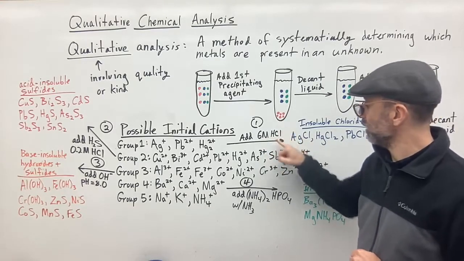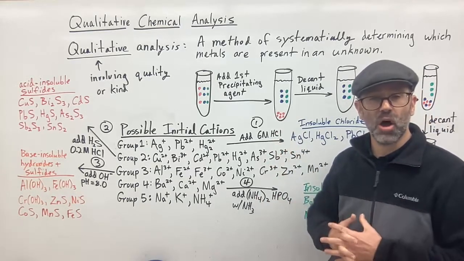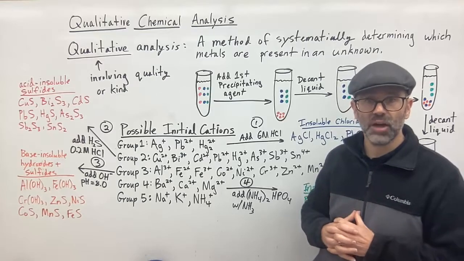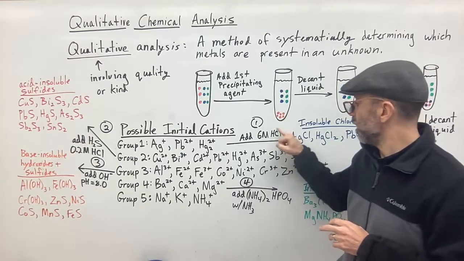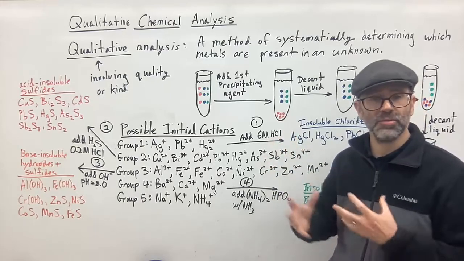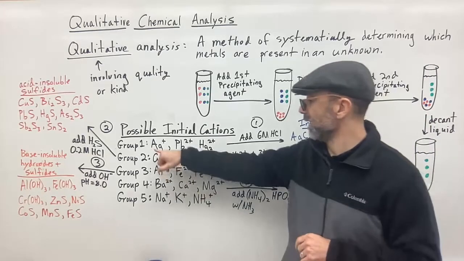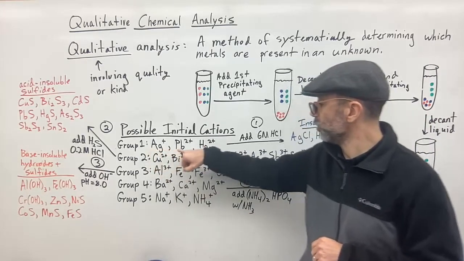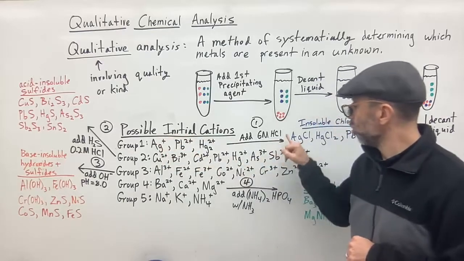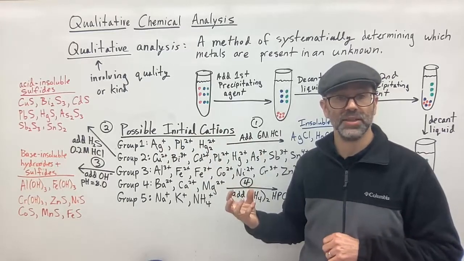Normally the chloride is soluble. Most chlorides are soluble, so this chloride ion isn't going to cause precipitation unless you've got certain cations, and that is your silver, lead 2, and mercury 1. If you've got these in there, the chloride ion is going to bind with those and precipitate them out.